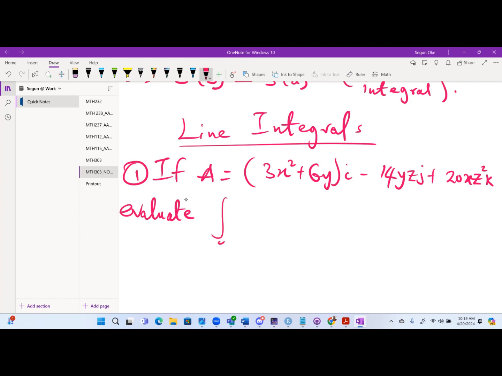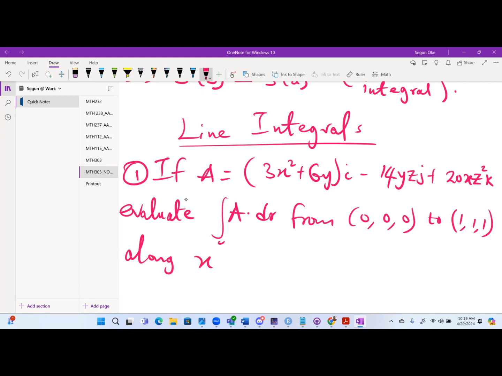The line integral is over c of A dot dr from 0,0,0 to 1,1,1 along x equals t, y equals t squared, z equals t cubed.